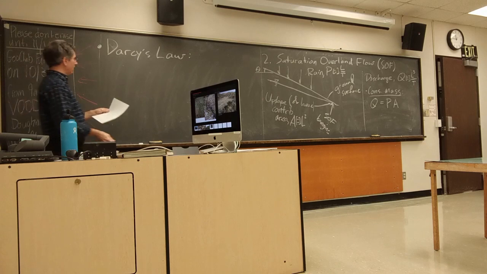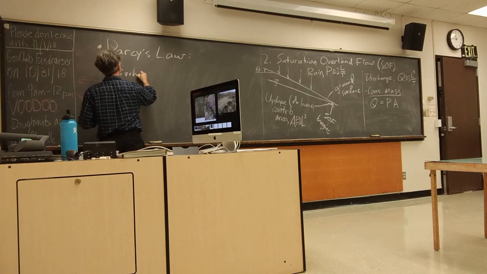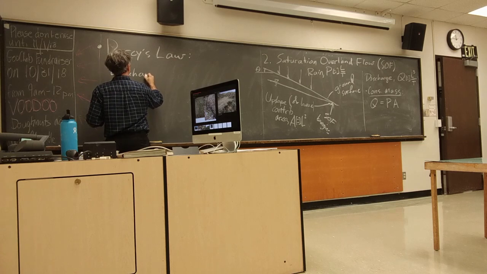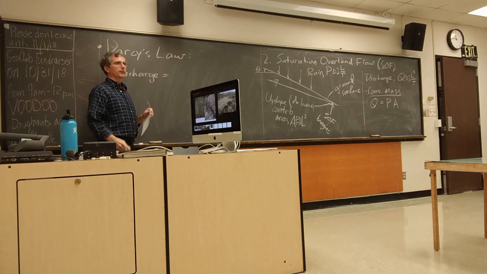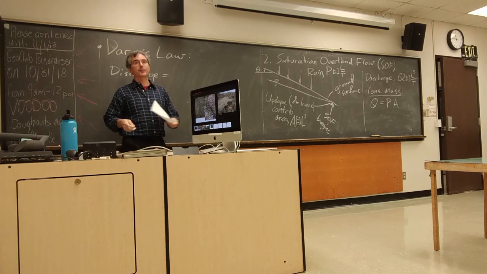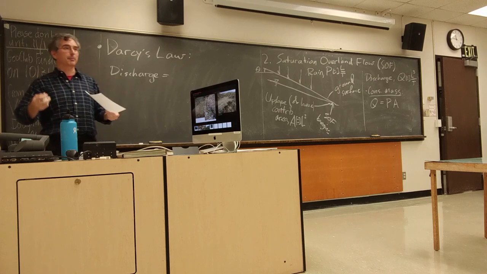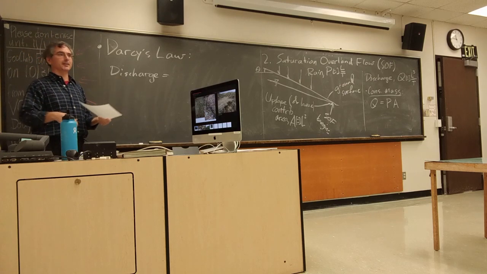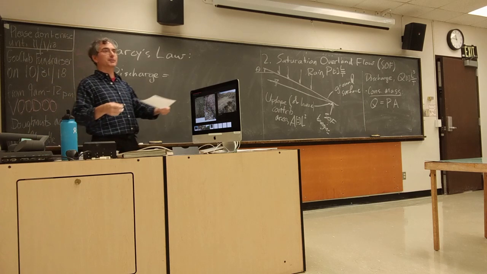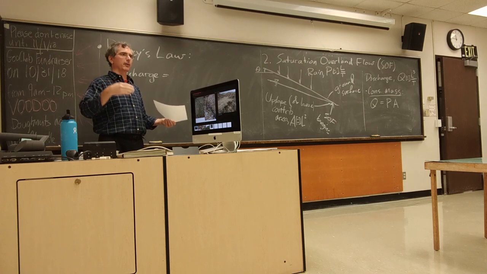So Darcy's law says that the volumetric flow rate, which has units of length per time, it's not actually a velocity, but it just has units of velocity, is proportional to the head gradient. What's the head gradient? It's the slope of the water table.